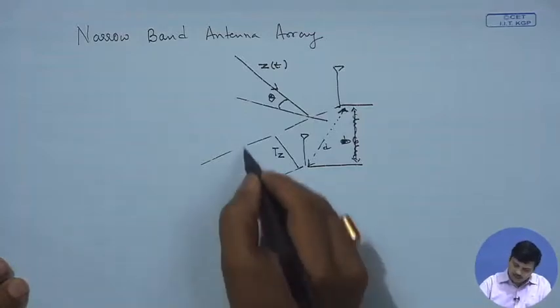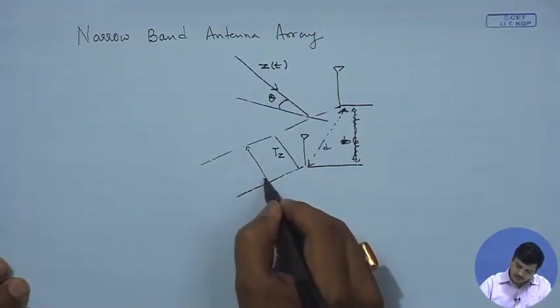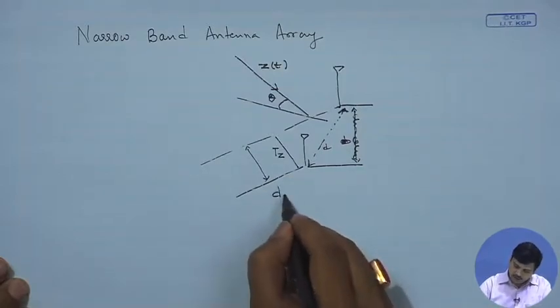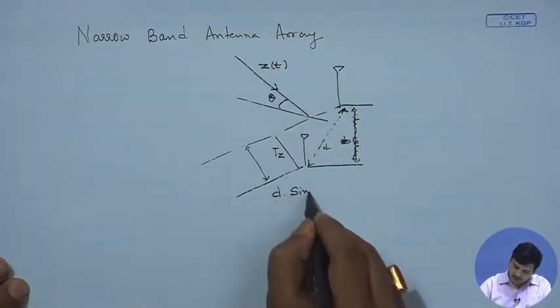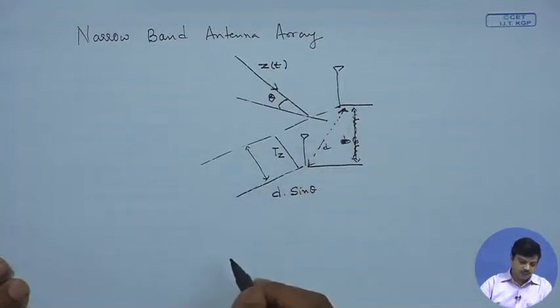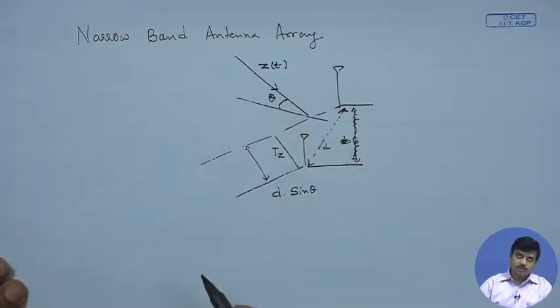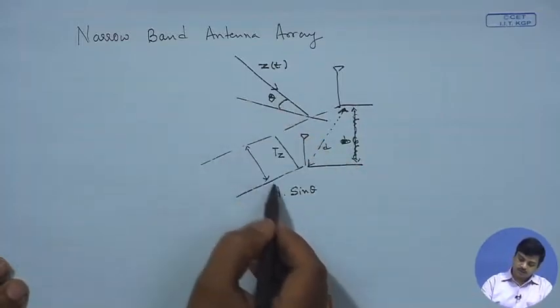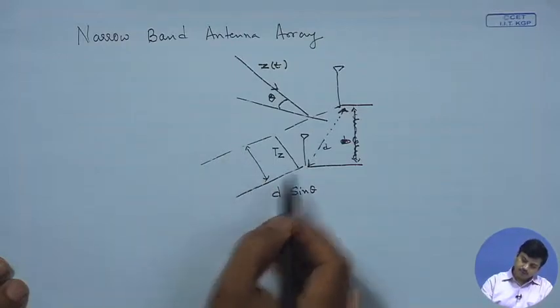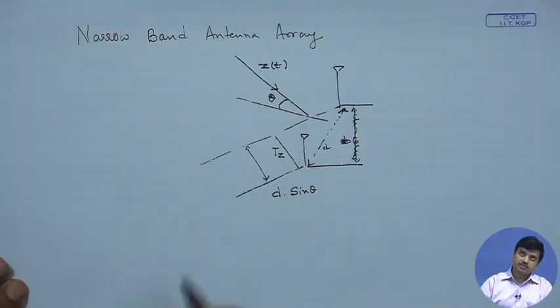So, this distance can be calculated to be d sine theta. If this is d, then this would be d sine theta as per this particular geometry. So, this is the effective distance between the antennas with respect to the angle of the wavefront.